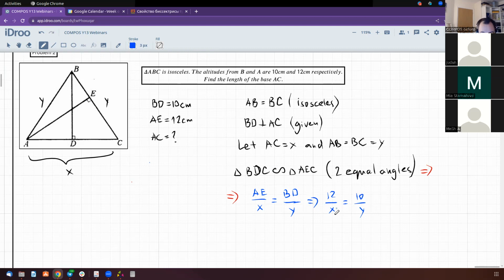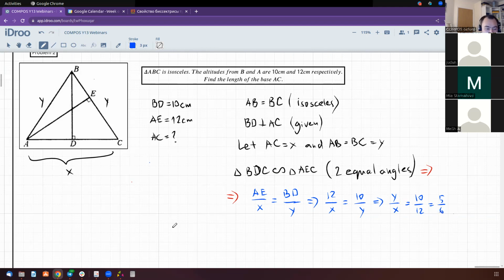Oh, x over 2, sorry. Is it? Oh, no. It's not x over 2. Right. That means that y on x is 10/12 or 5/6. Okay.